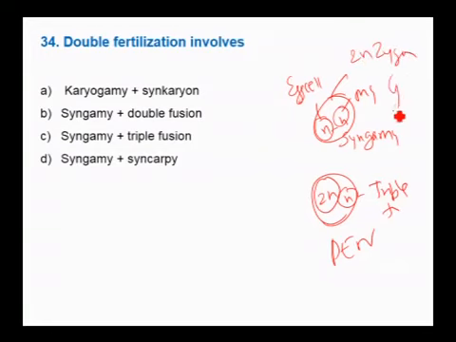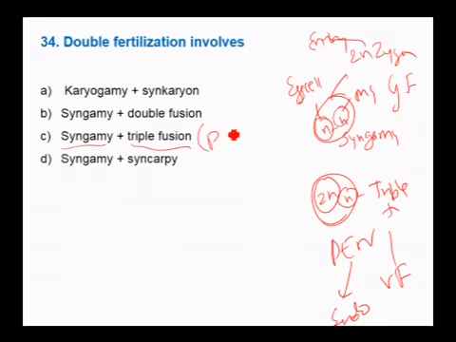This is called generative fertilization, this is called vegetative. PEN develops into endosperm, zygote develops into the future embryo. The fusion of gametes is called syngamy and triple fusion. The product of triple fusion is primary endosperm nucleus, the product of syngamy is zygote, therefore these together constitute double fertilization, therefore the answer is C.